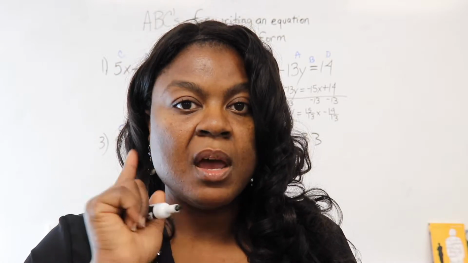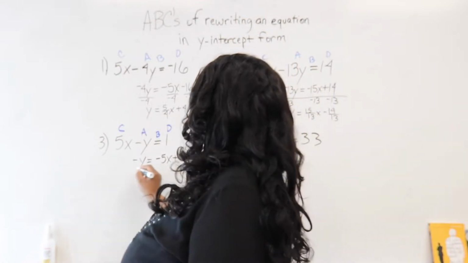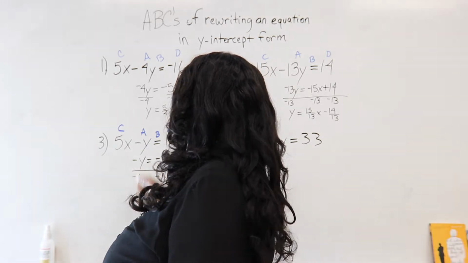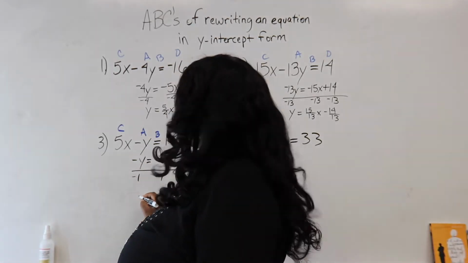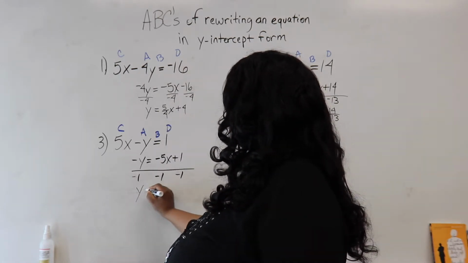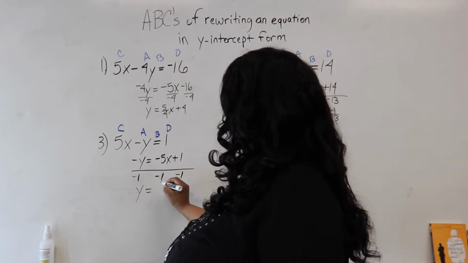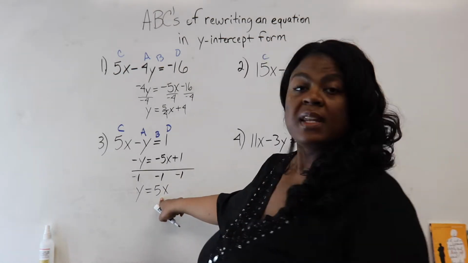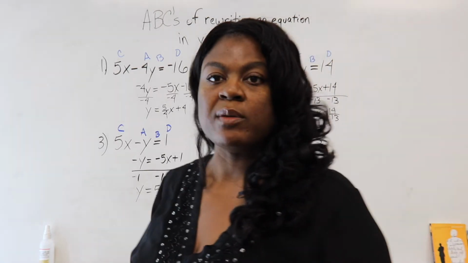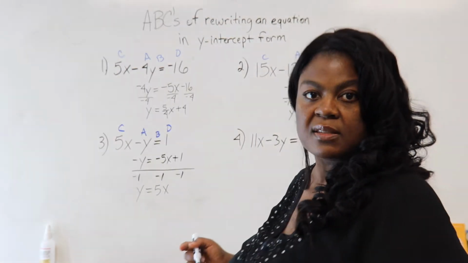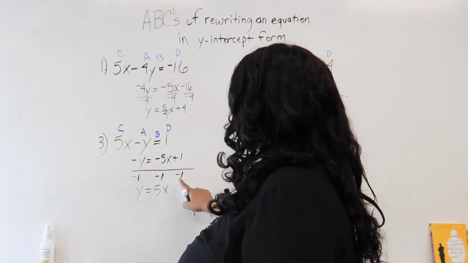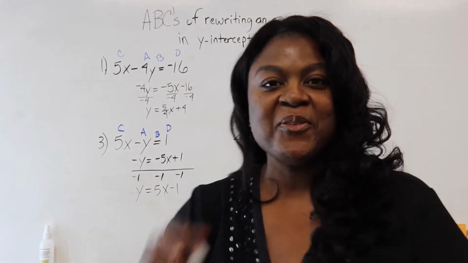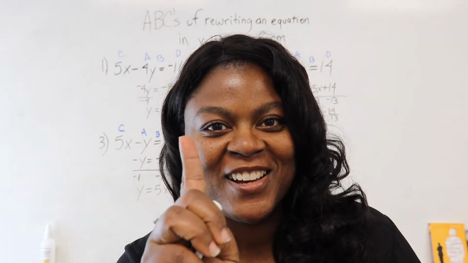So not only a 1, but a positive 1. So negative divided by negative is a positive. If 1 is the denominator, we don't have to rewrite it as a fraction. We just leave it as that whole number. And positive divided by negative. Yay! We've done 3. 1 more to go.